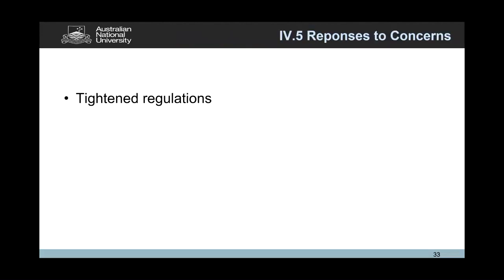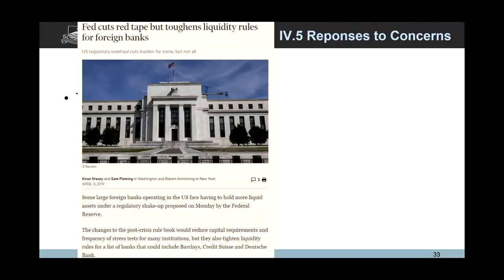Okay, so in response to all of these concerns and in response to what we have mentioned at the beginning of this regulatory arbitrage, regulators are increasingly scrutinizing this offshore market, right? So they want tightened rules and regulations on the banks. So here, Fed wants to tighten liquidity rules for foreign banks.